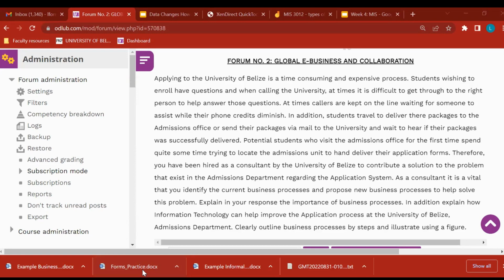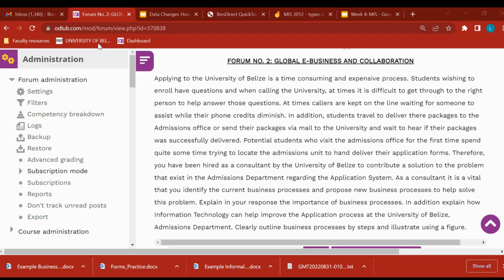In addition, students struggle to deliver their packages to the admissions office or send their packages via mail to the university and wait to hear if their packages were successfully delivered. Potential students who visit the admissions office for the first time spend quite some time trying to locate the admissions unit to hand deliver their application forms.